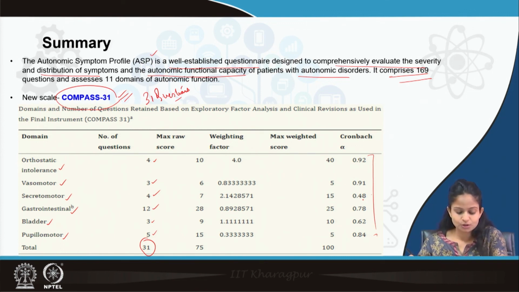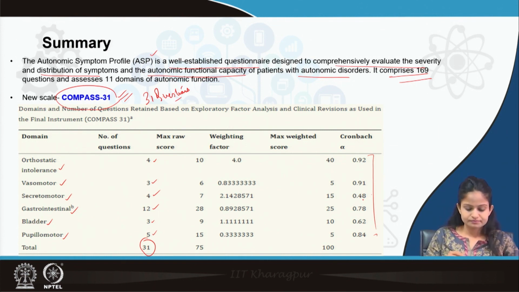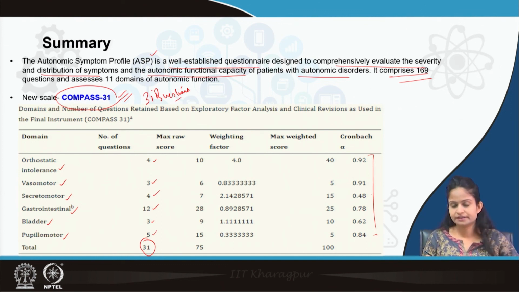That is why along with COMPASS 31 and CAS score, the autonomic dysfunctions are usually measured and correlated. So, in this way we can check for the autonomic dysfunction present in a body with the help of CAS score as well as COMPASS 31, which is a well established questionnaire.